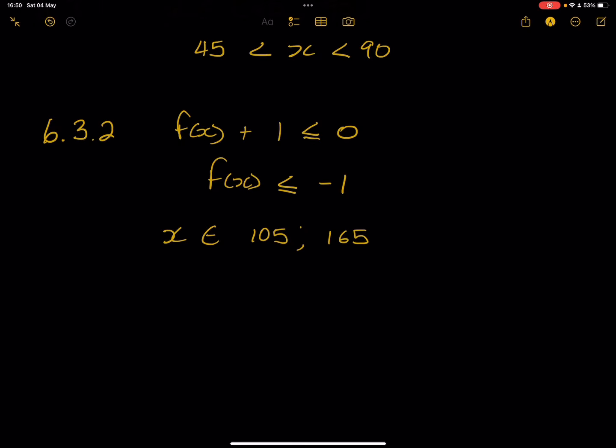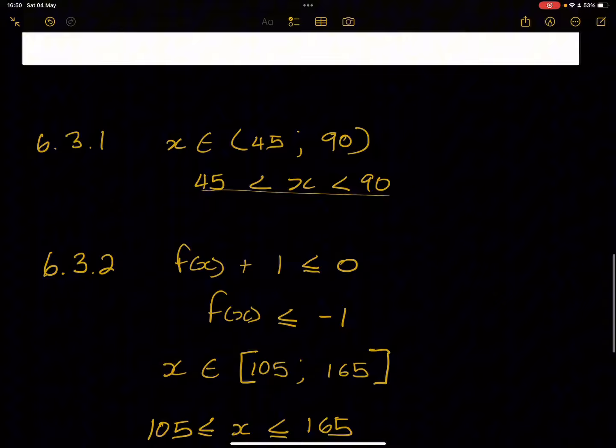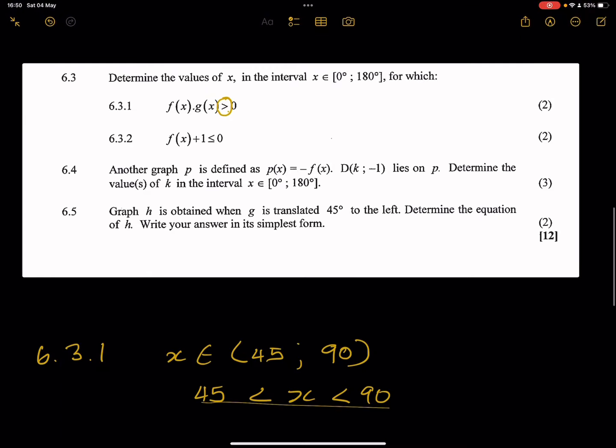Please note we're going to include those values, so we can say 105 is less than or equal to x, which is less than or equal to 165. Ladies and gents, I hope that makes sense. Right, let's go to the next question.